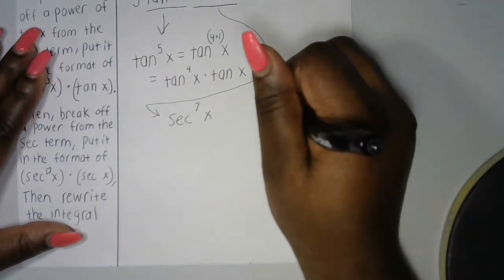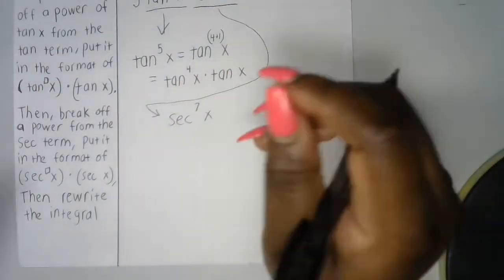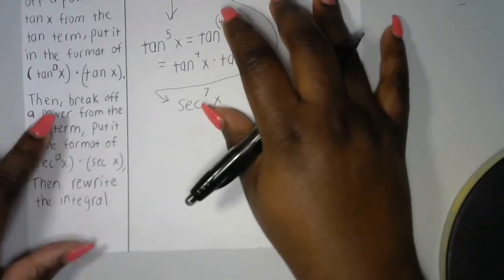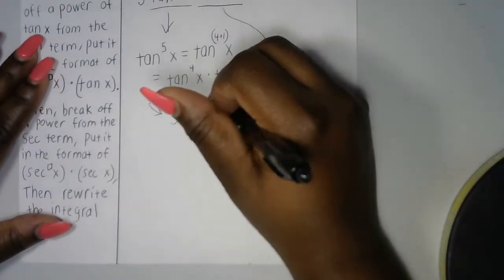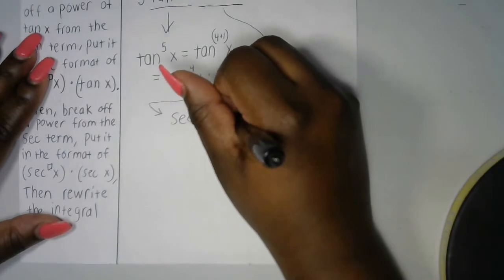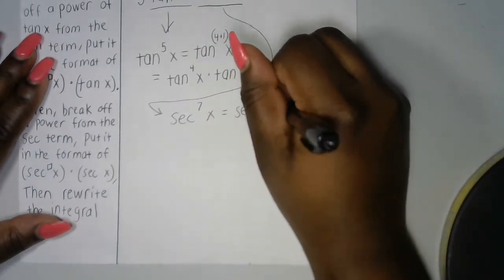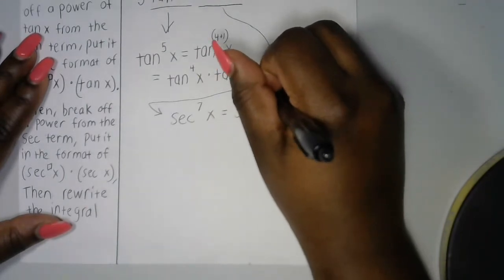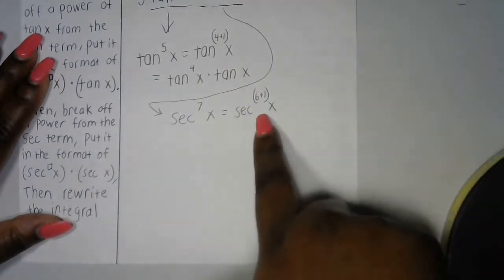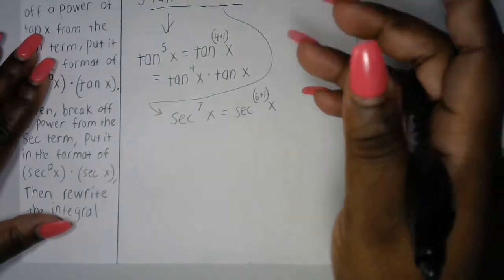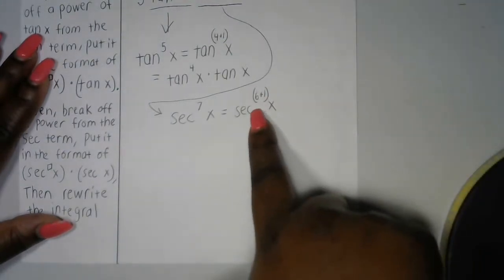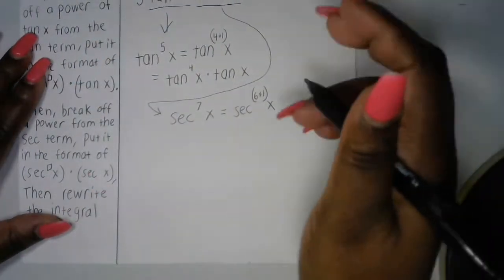So we have secant x to the 7th power, and we want to break off a power and put it into this format. So secant x to the 7th power is equal to secant x to the power of 6 plus 1. We put the plus 1 because we're trying to break off a power. So it's always going to be something plus 1 if you want to break off just 1 power.